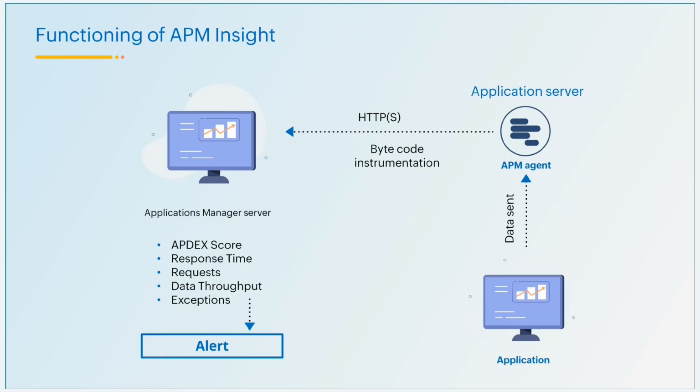Users can configure alerts and notifications based on predefined thresholds for metrics that can impact the application performance. So when the application performance breaches these thresholds, the tool will send an alert to the IT team.